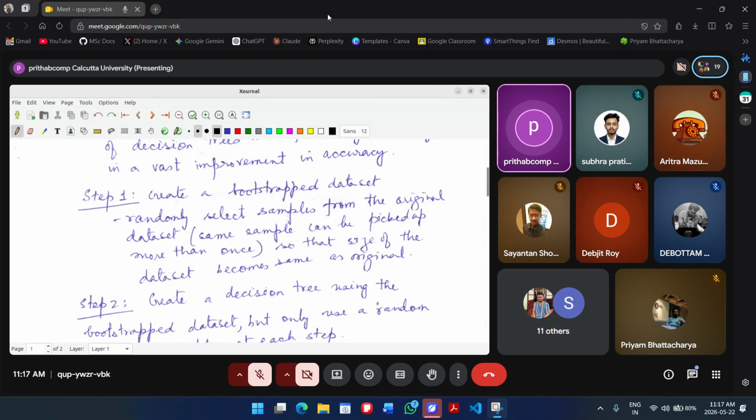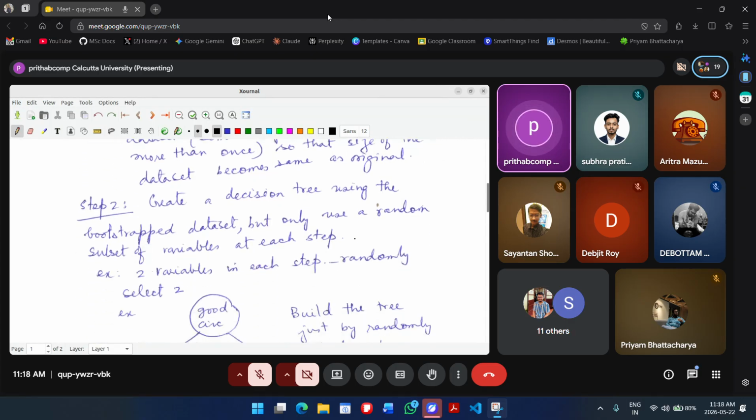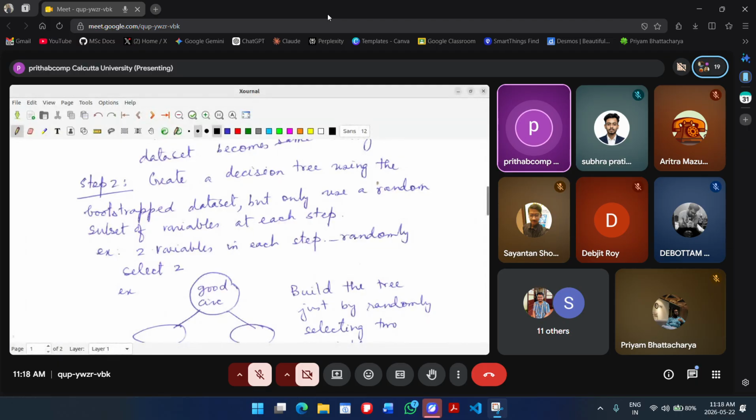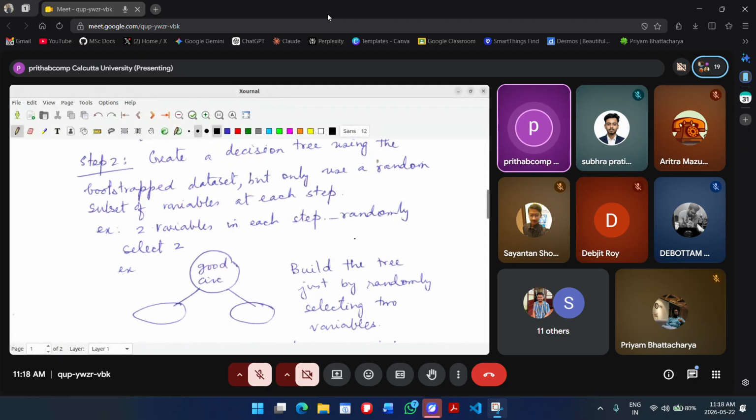So if you are starting with 10,000 data, you may decide on, let's say, 20 sets where each set consists of these 10,000 data with repetitions. Now it creates a decision tree using the bootstrap data set.